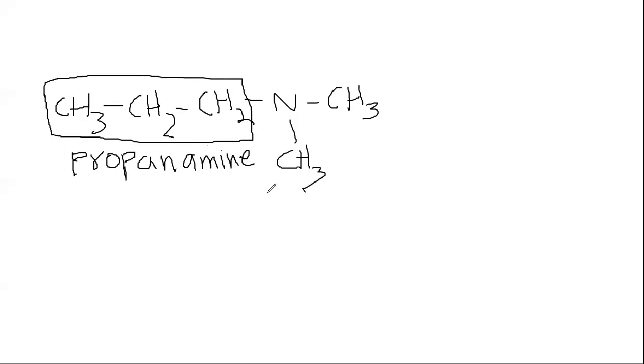The name of that longest chain is going to be propanamine. And if you look here, you have CH3 attached to nitrogen. CH3 and CH3 are called methyl groups. So the name of this compound is N,N. Why am I using the location twice?